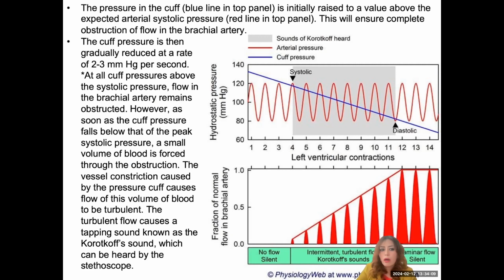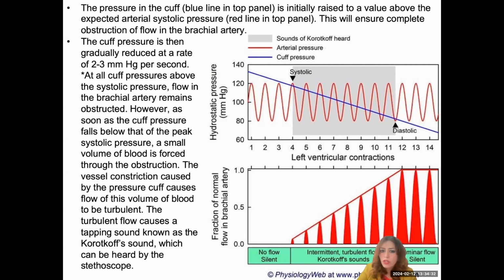At all cuff pressures above the systolic pressure, flow in the brachial artery remains obstructed. However, as soon as the cuff pressure falls below that of the peak systolic pressure, a small volume of blood is forced through the obstruction.